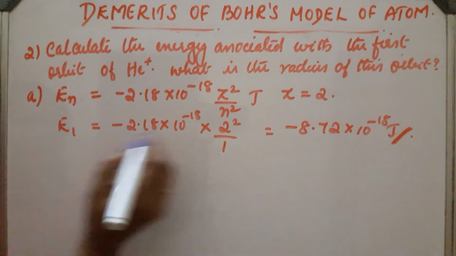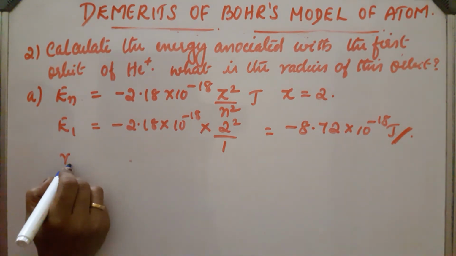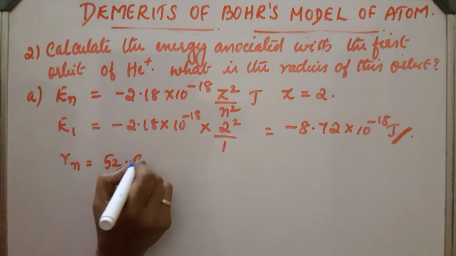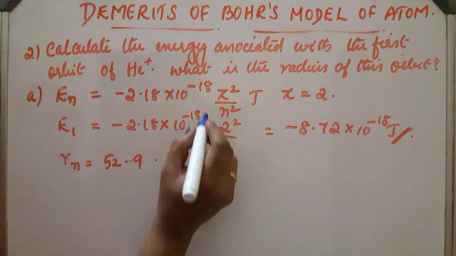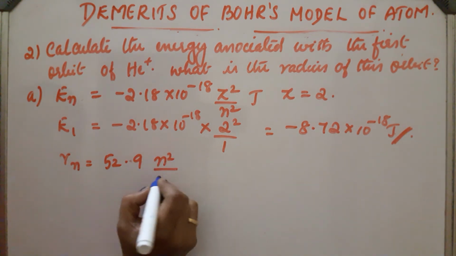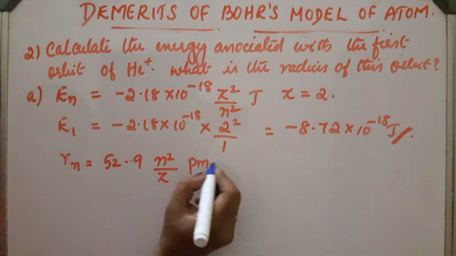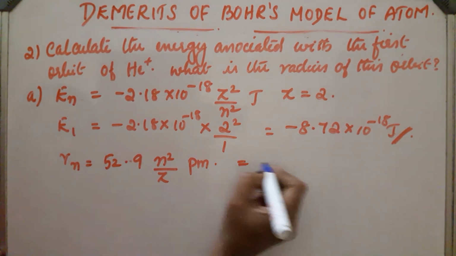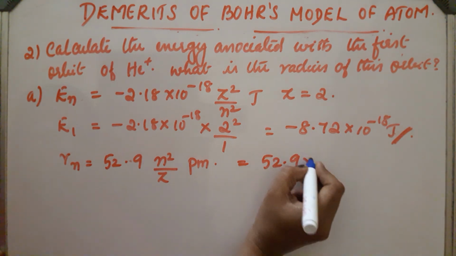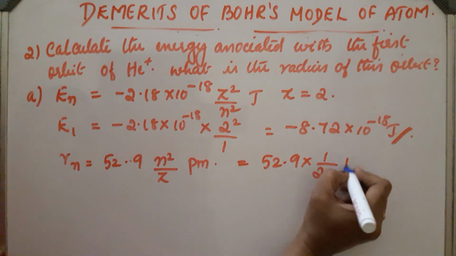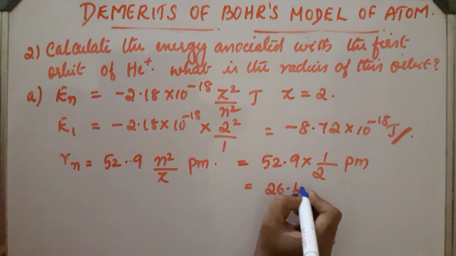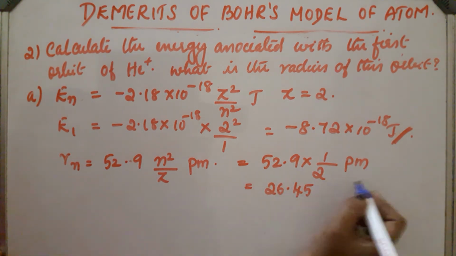Next, we have to find the radius. Rn is equal to 52.9 into n square by Z picometer. Here n is equal to 1 and Z is equal to 2. So, by substituting, 52.9 into 1 by 2 picometer, which gives 26.45 picometer.